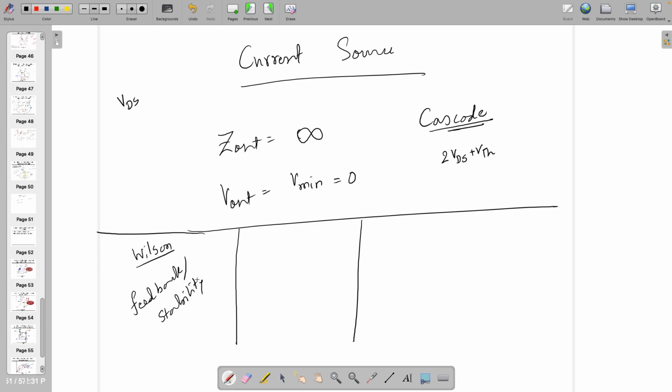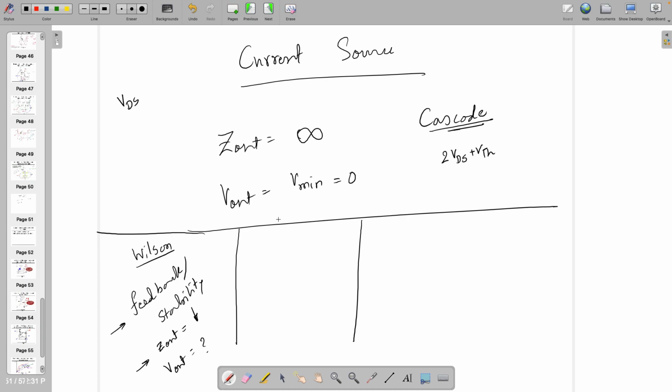So that is also the advantage of Wilson, and it has better stability. However, in this case you are achieving good Z out, actually not as good as normal cascode. It is a little bit lower than that one. V out is as bad as the other ones. So that was the problem.